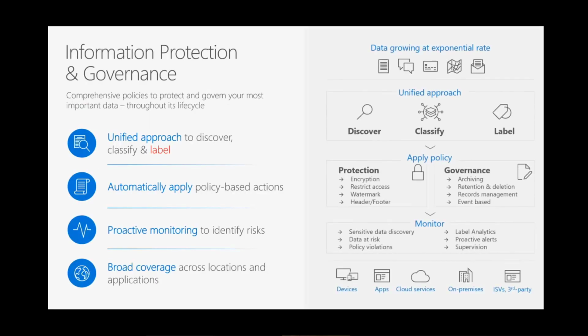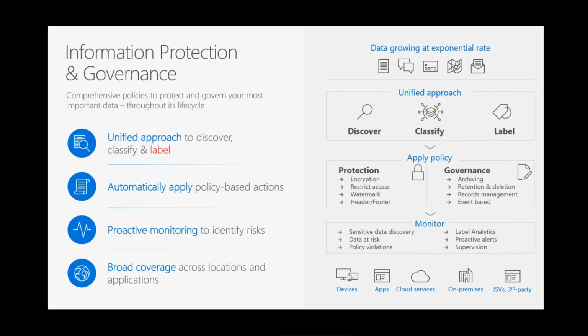So what does this look like when you get into more specifics around information protection and governance? That's the language that Microsoft uses when you look at labeling, which is going to be around the protection of information and the governance of information. And the approach to this is a unified one. We're going to have a unified approach to classification, to labeling, to discovering that data. It's a unified approach coming down from Microsoft 365.